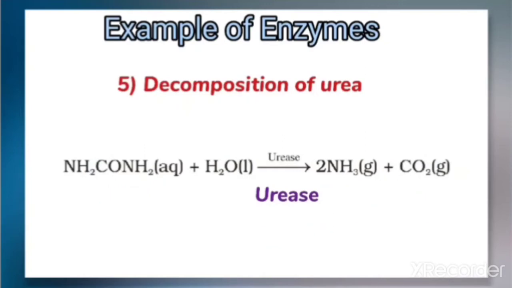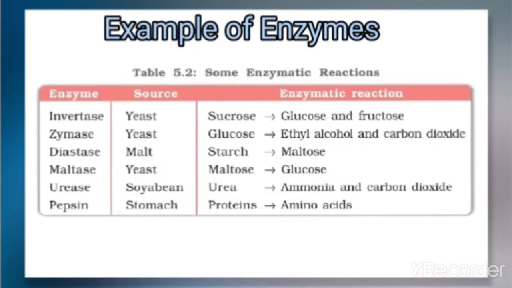These are certain reactions we have seen in which the enzymes have an important role to catalyze these reactions. In tabular form, we can see that the enzyme invertase is found in yeast, zymase is found in yeast, diastase in malt, like this.